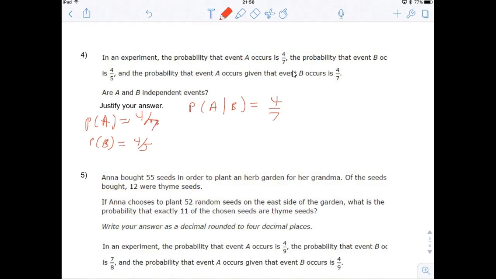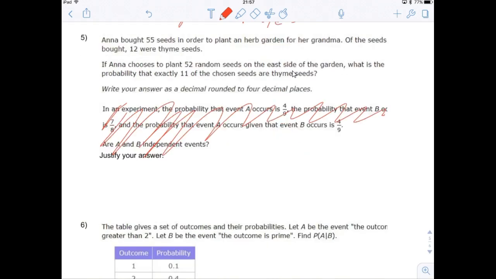So the definition of independent events means that the probability of A is equal to the probability of A happening given that B happens. So in this case, yes, they are equal. So we say yes, independent, because the probability of A is equal to the probability of A given B.